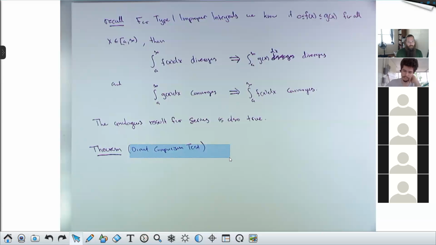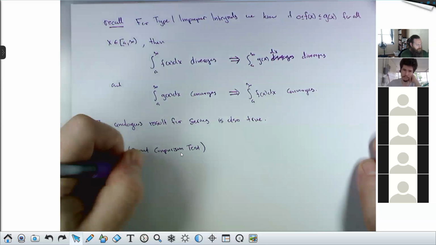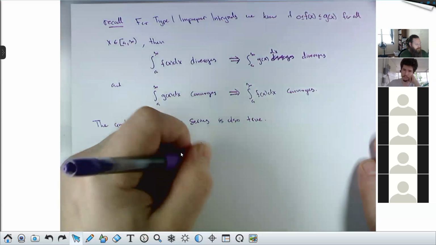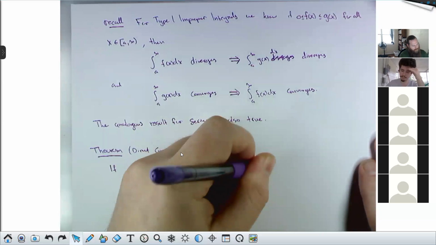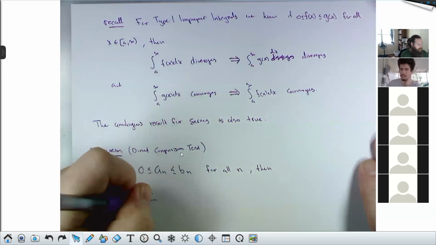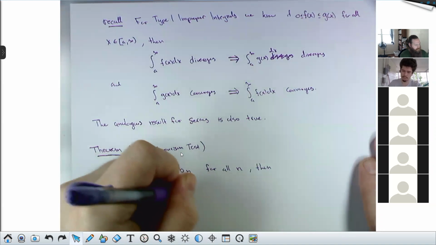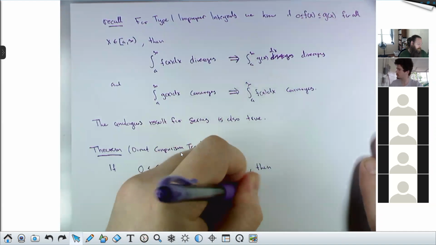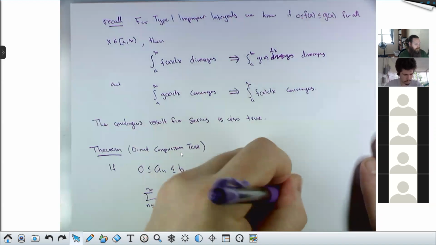The direct comparison test. This says if 0 is less than or equal to a_n is less than or equal to b_n for all n, then the sum from n equals wherever to infinity of a_n diverges implies that the sum from n equals wherever to infinity of b_n diverges.